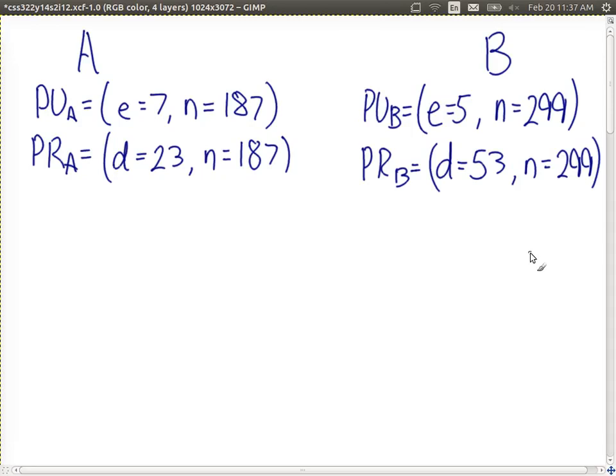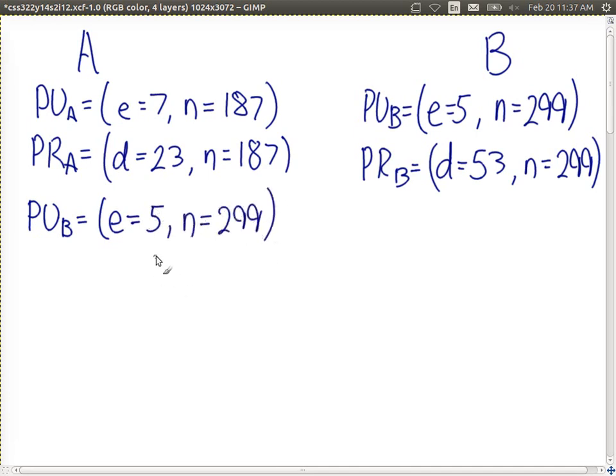So let's say that A also knows PUB, which is the value stated here. Keep track of what's known. They didn't generate that, but B told them, this is my public key.